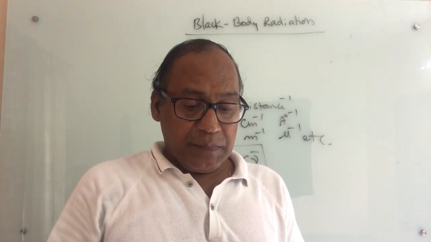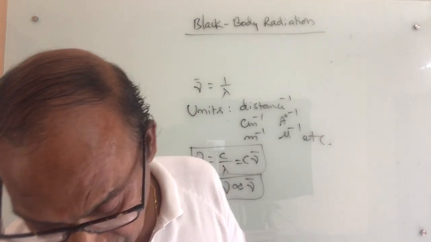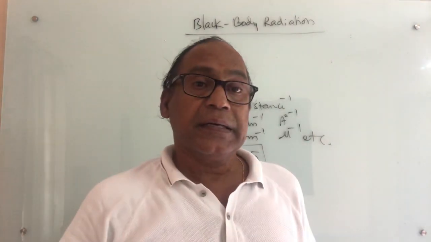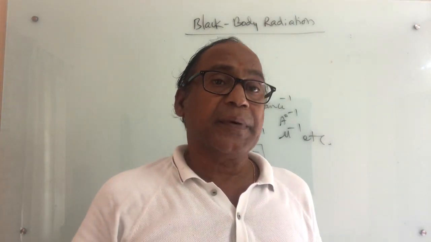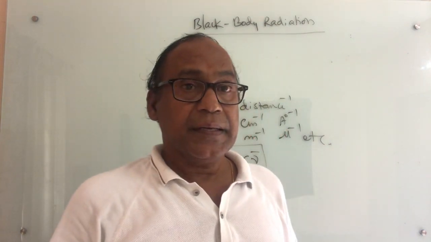What is the very definition of a black body? A black body is one which acts as a perfect absorber and emitter of light energy. That is the very definition of the black body.